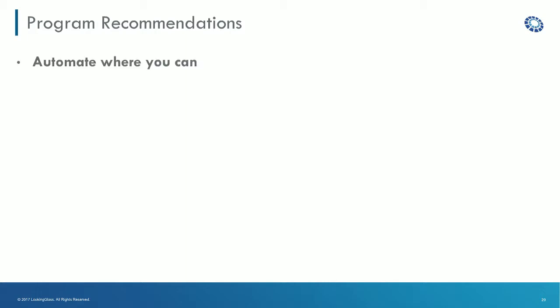And with this webinar, one of the key things I wanted to point out is you really need to automate where you can. With the amount of information that is available out there for intelligence, you need to look at either systems that you bring in yourself or look at vendors who can provide this automation for you.